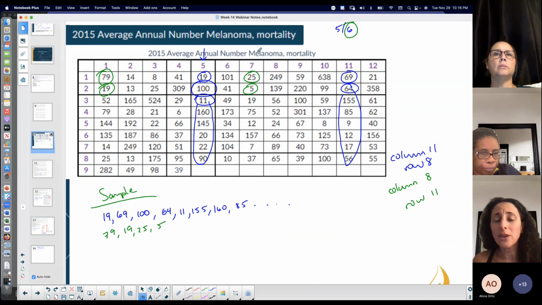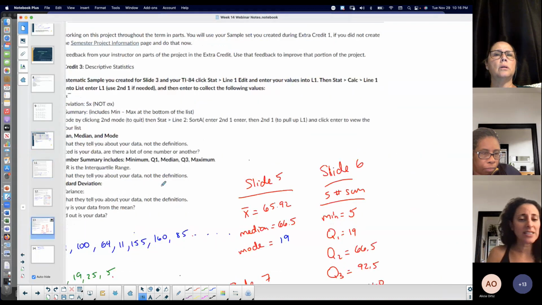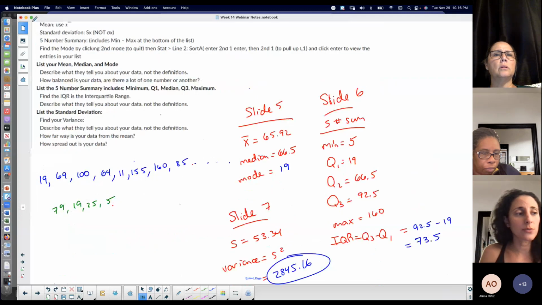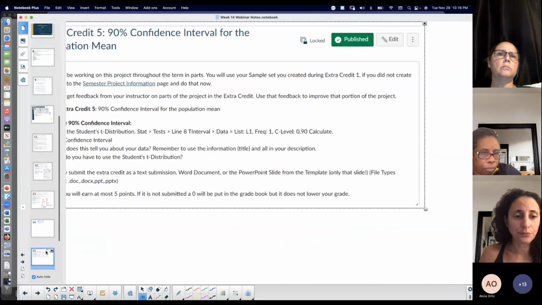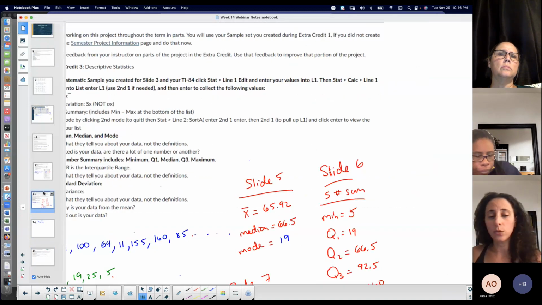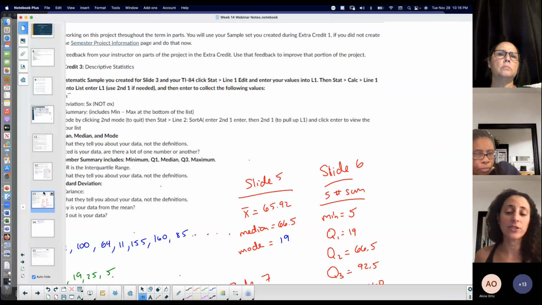Average annual melanoma mortality in 2015. And then, like I said, if you want to add some more and do some research, you can determine what values for a mean and a standard deviation indicate for a situation.